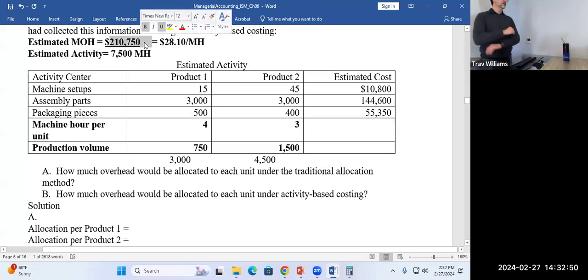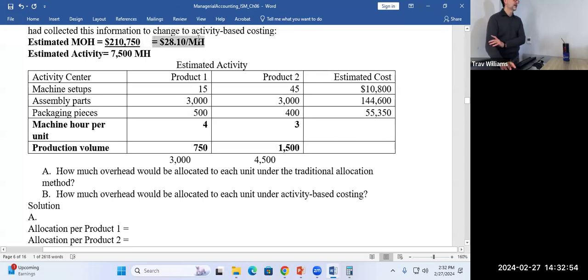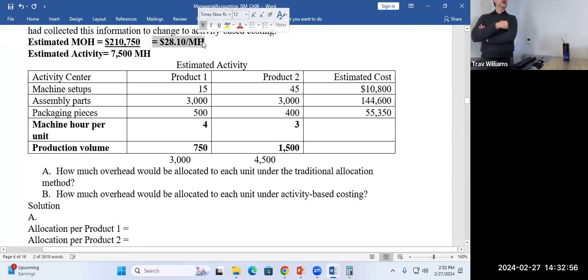Yeah, that doesn't do it, unfortunately, because we already have a rate, right? So we don't have to worry about that estimated overhead anymore. But that rate is per machine hour, right? What we need is per unit.